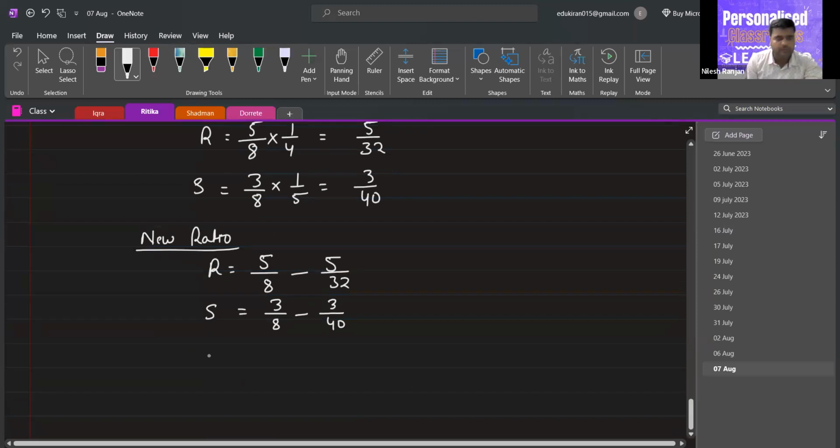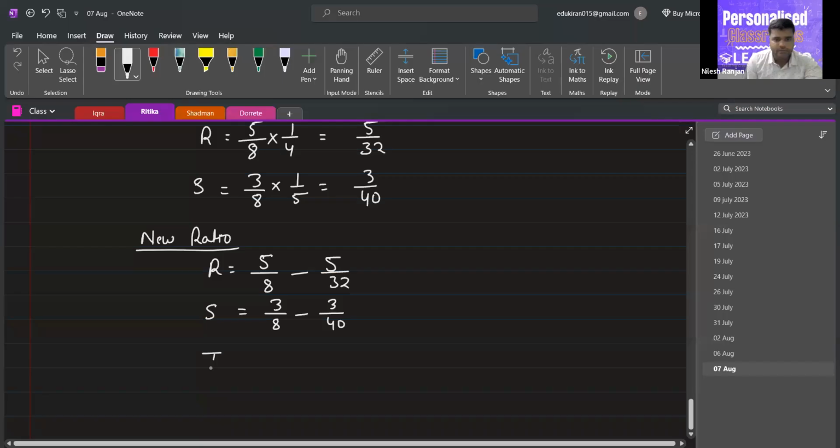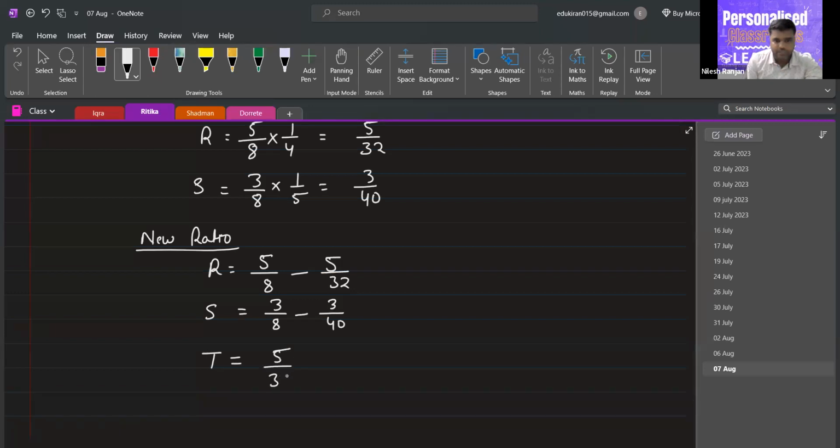And for the new partner T, we have to add their sacrifice, 5/32 plus 3/40. This is the step that I removed from case 2. It is applicable in case 3. When the profit share of the new partner is not given in the question, then we will calculate the new partner's share like this. We will add the sacrifice of the old partners and the new partner's share will be calculated.